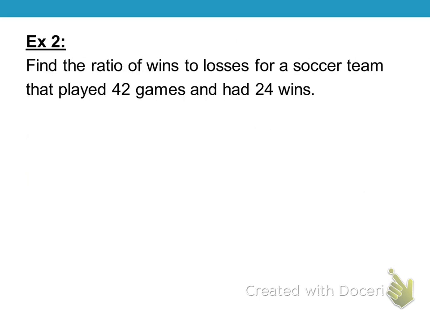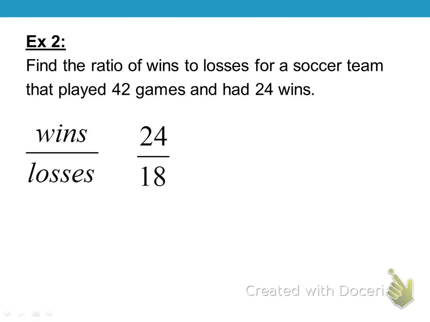All right. Example 2 says find the ratio of wins to losses for a soccer team that played 42 games. And they won 24. All right, so it's really important when you're writing ratios to pay attention to the order. I want wins to losses. How many wins were there? 24. How many losses were there?